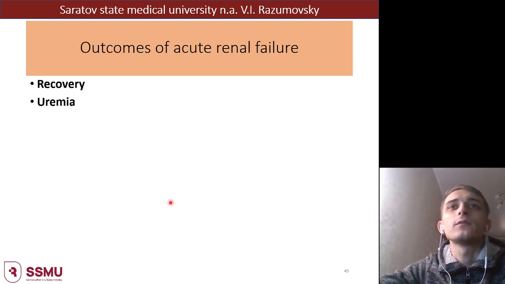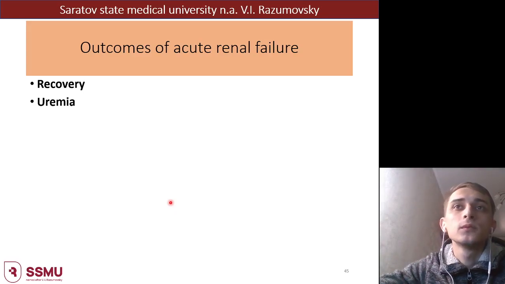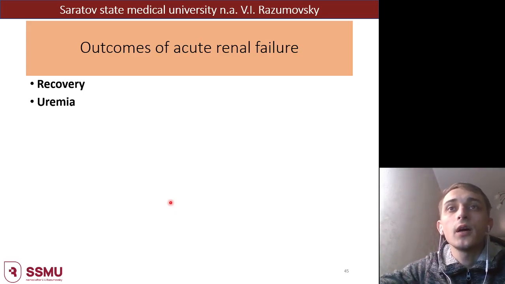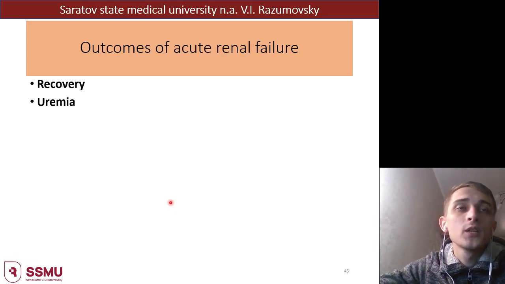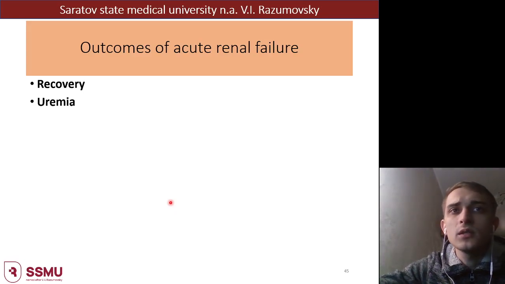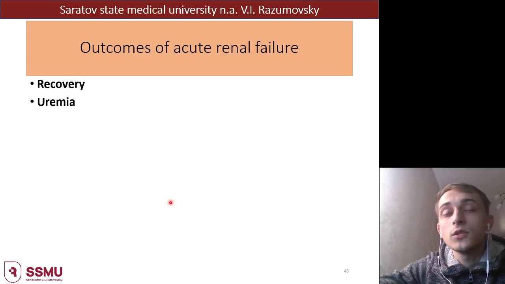Outcomes of renal failure may be different. It may be recovery or it may be uremia. I have already told you a few words about the recovery process, and uremia is a process typical for kidney diseases, and it is associated with accumulation of nitrogen products in the blood plasma.